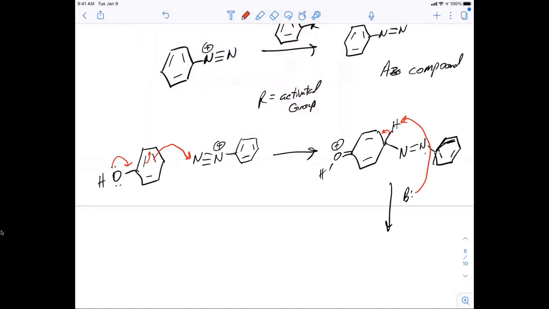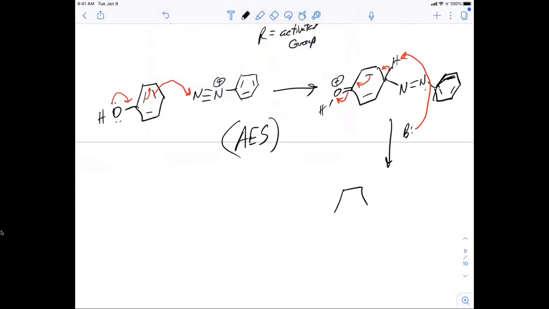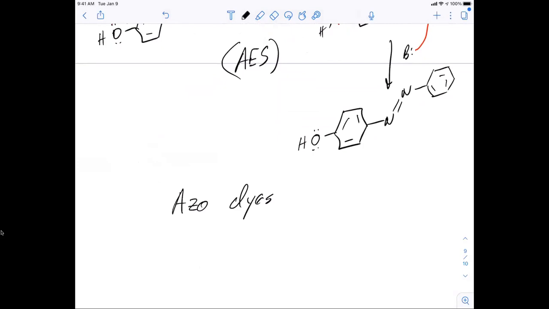But once we pull that off, right, we regenerate the aromatic. So this is the AES mechanism, right? Electrophilic aromatic substitution. Where you see a lot of these is azo dyes.